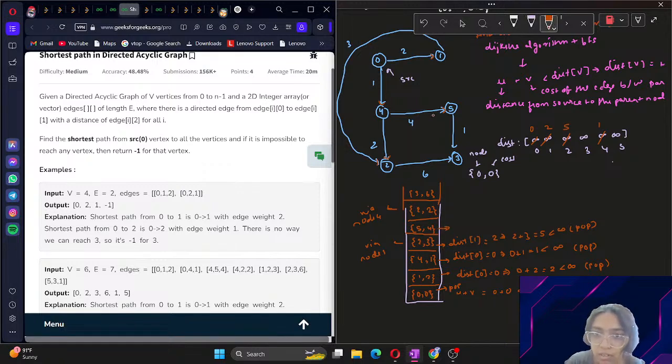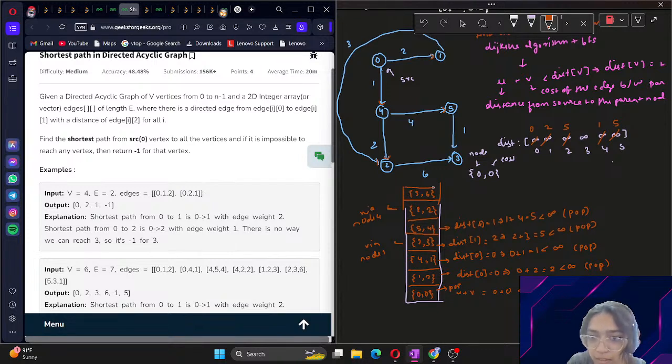So now for node 5, the distance till the parent node is gonna be 1. So 1 plus the cost of edge is 4, resulting to 5, which is less than infinity. So we're gonna update it to 5, and we are going to pop it.